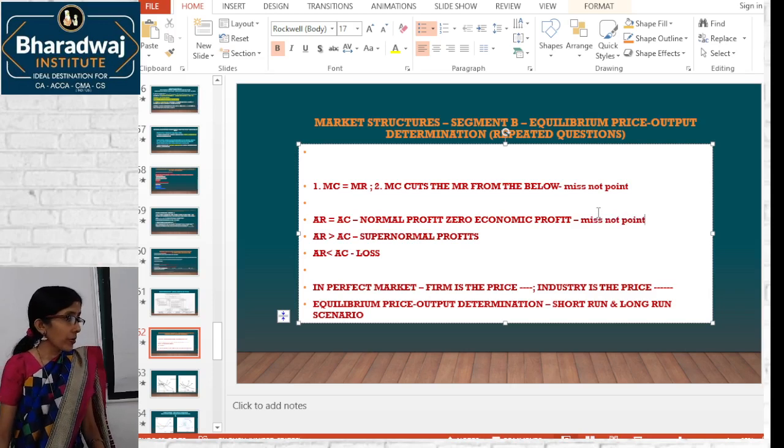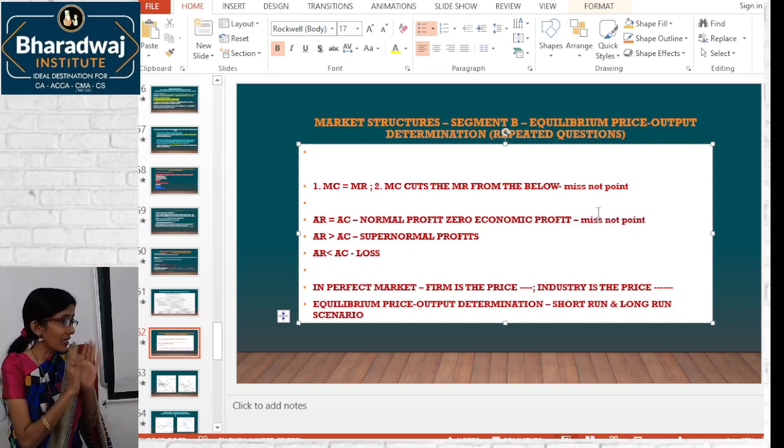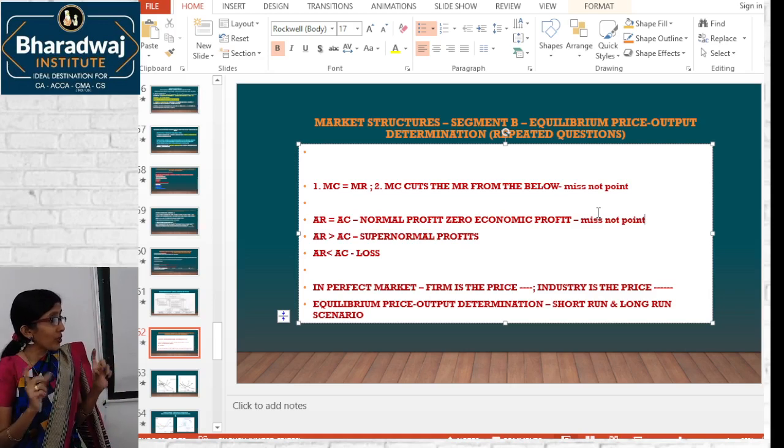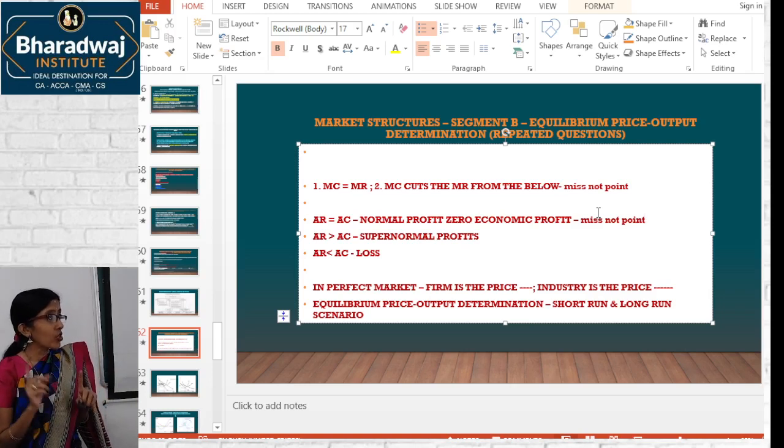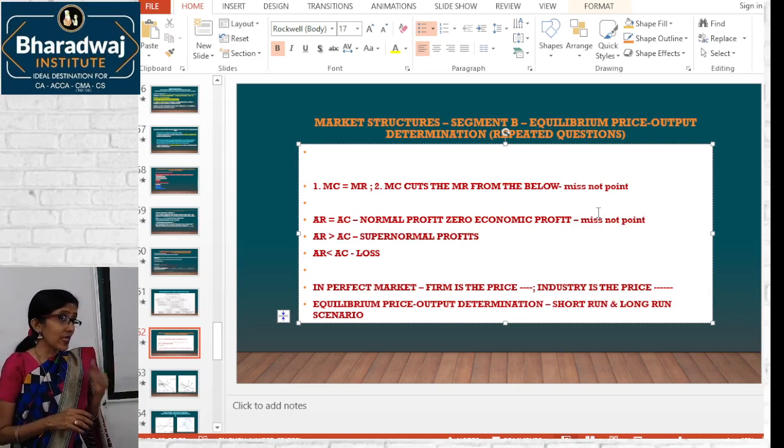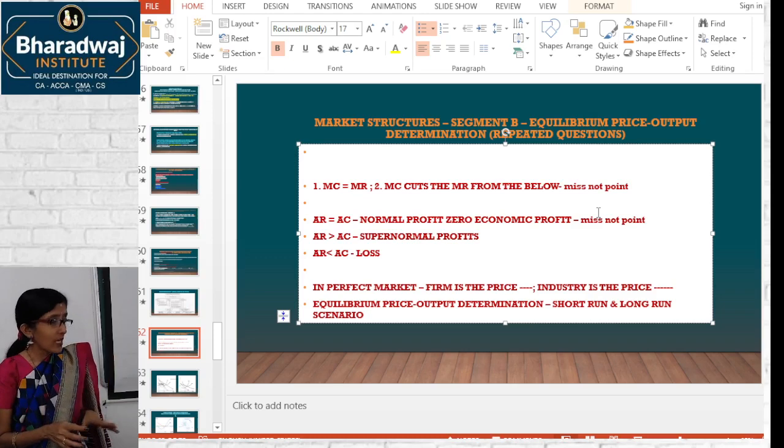What is an equilibrium condition? For every market, when we did diagrams, MC is equal to MR, and the MC curve cuts the MR curve from below. For profit and loss situations, we use average revenue and average cost. When AC is equal to AR, it is normal profit. When AC is greater than AR, it is loss. And when AC is less than AR, it is profit, supernormal profit. You know that, isn't it? Look at the three.